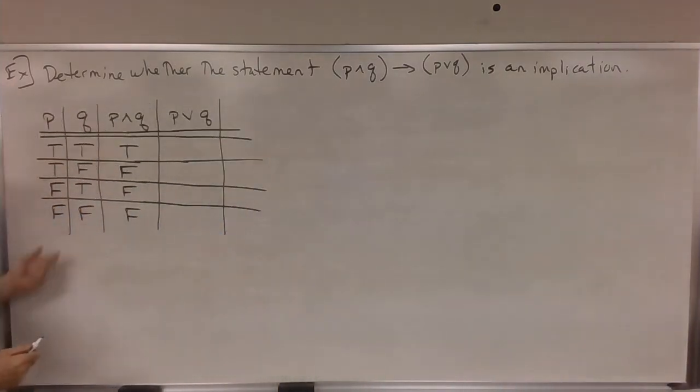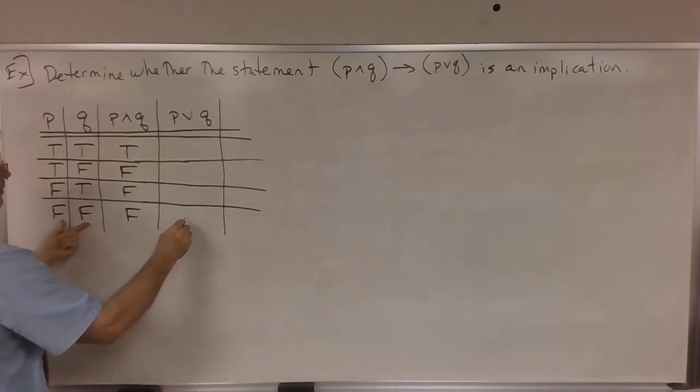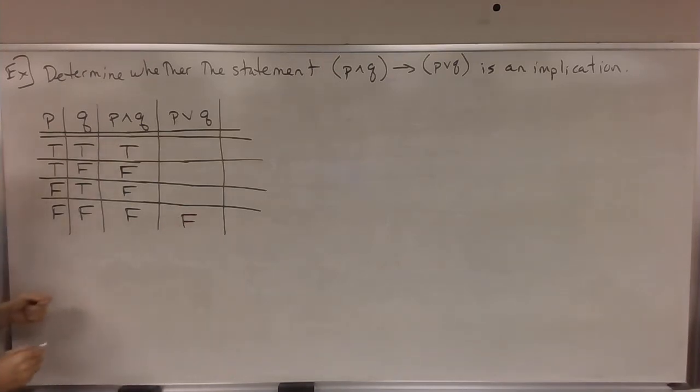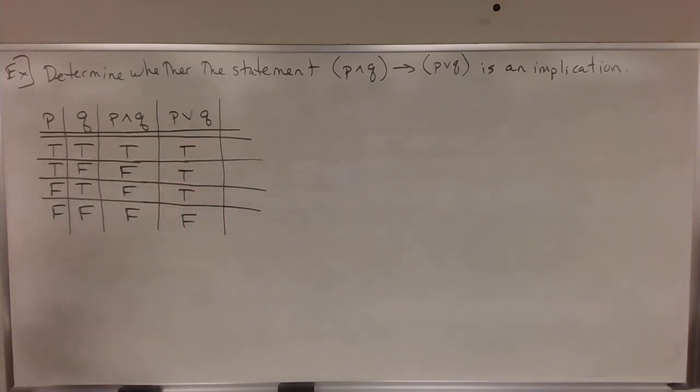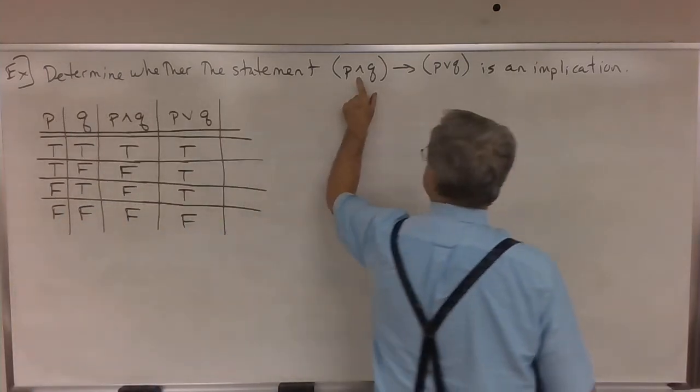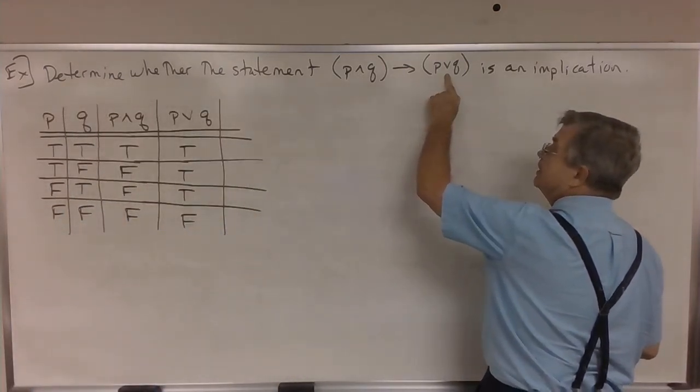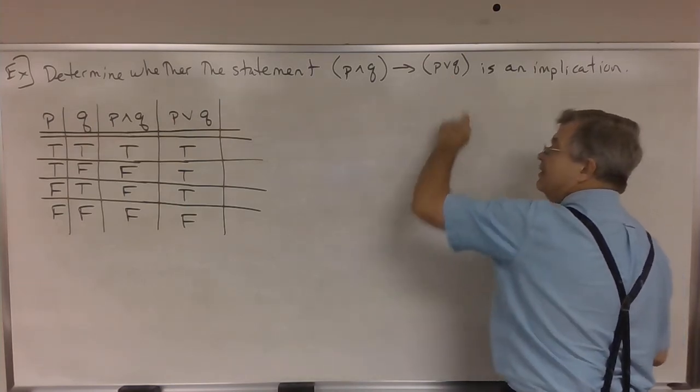And where does that happen? It only happens here. P and Q are both false here, and that's the only time it happens. Here Q is true, here P is true, and here they're both true. So this is when P or Q is false. Every other time the statement is true. So we've done P and Q, we've done P or Q. Now we can do the whole statement.